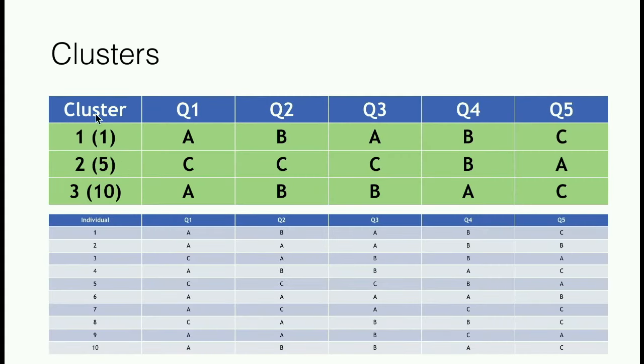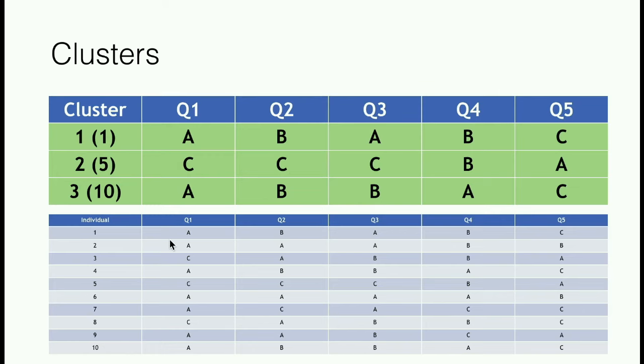You could decide whatever you want to make it, as long as it's quite reasonable. So for the first cluster, this is cluster number 1. I put the person that I used to initiate the cluster in the brackets. So brackets 1 is in regards to the first individual. Brackets 5 is in regards to the 5th individual, and 10 to the 10th individual. So as you can see, it lines up.